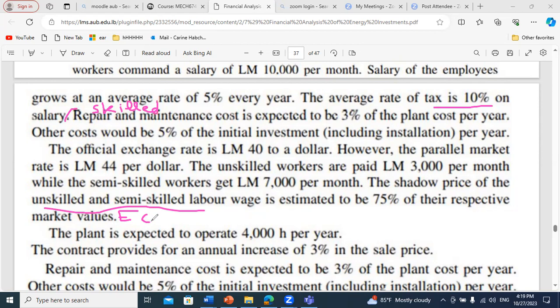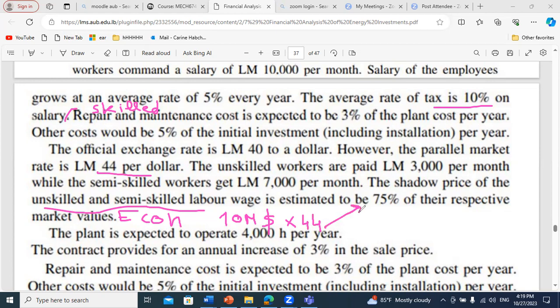So now, when we want to compute the economic value of the installation charges, we already said that the total value is $10 million. This $10 million should be first converted to local money, okay? And as we said, we will use the shadow rate of 44. So we will multiply by 44. Then we will say that this installation charges is divided into two parts.